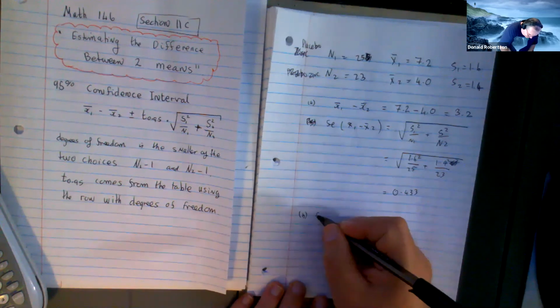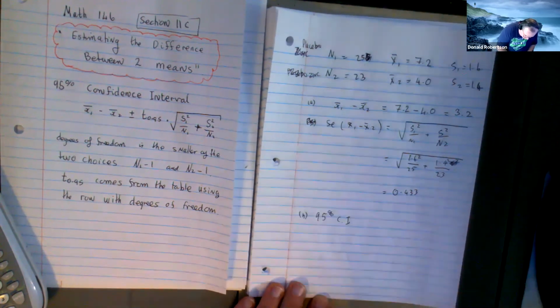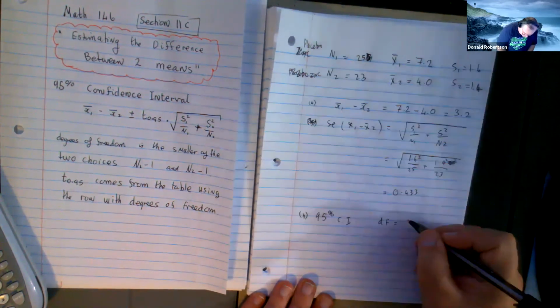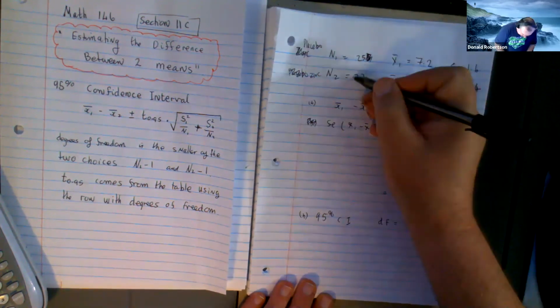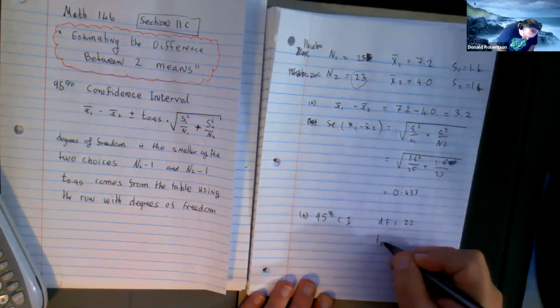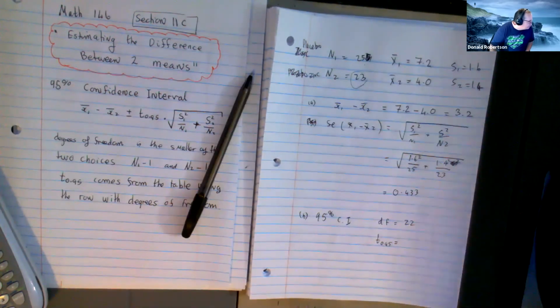And then part B, a 95% confidence interval. We are going to use degrees of freedom of 22, this guy minus 1. And that's going to give me this fella, right? Well, I'm going to zoom in, get that table, wherever it is hiding.